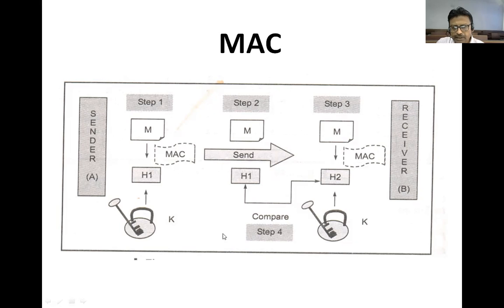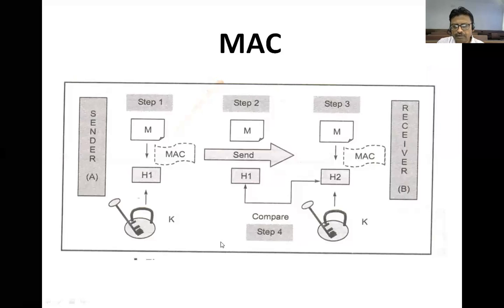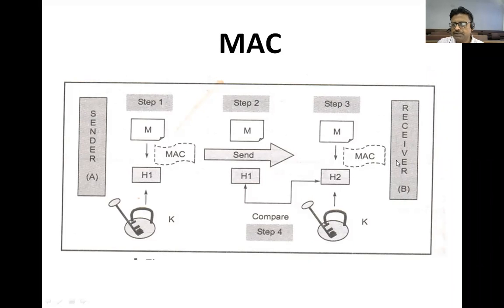Meaning thereby, if any other attacker in between tries to find M, and uses a key to calculate the MAC value and send it to the receiver, but the receiver and the attacker do not share the symmetric key, then whenever the receiver receives that kind of message, it will calculate the MAC, and the MAC will not match because of the property of the message digest.